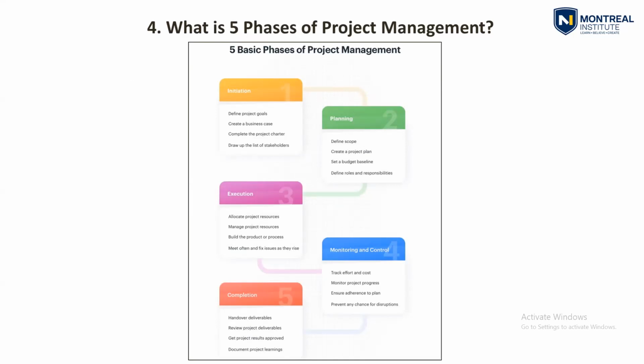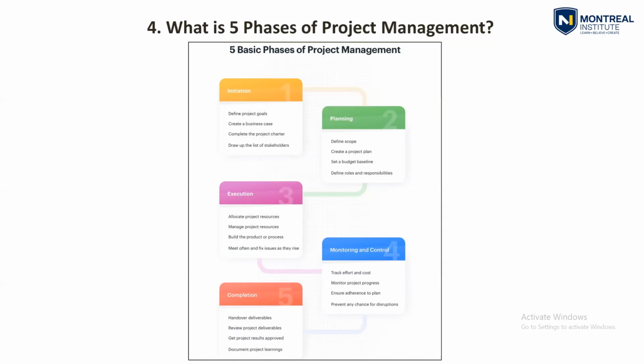So under initiation, you can define project goals and you can create a business case. At the later stage of the lecture series, you will come to know about business cases and complete the project charter. You will come to know about project charter also later on.